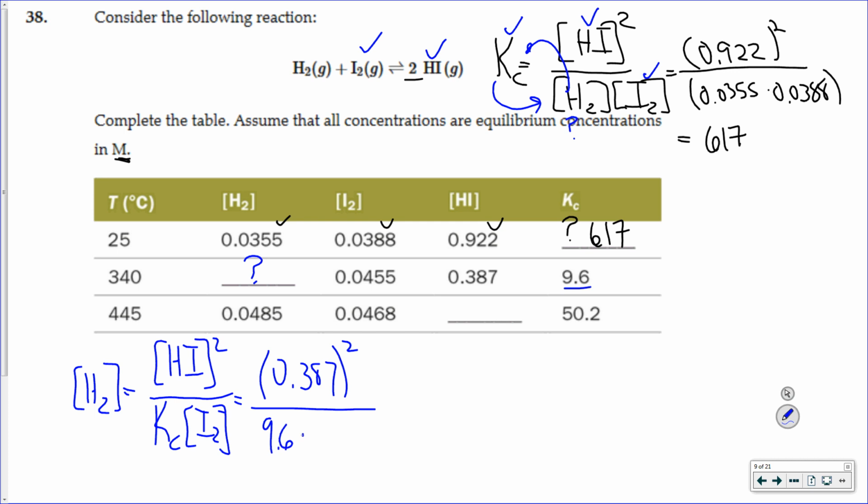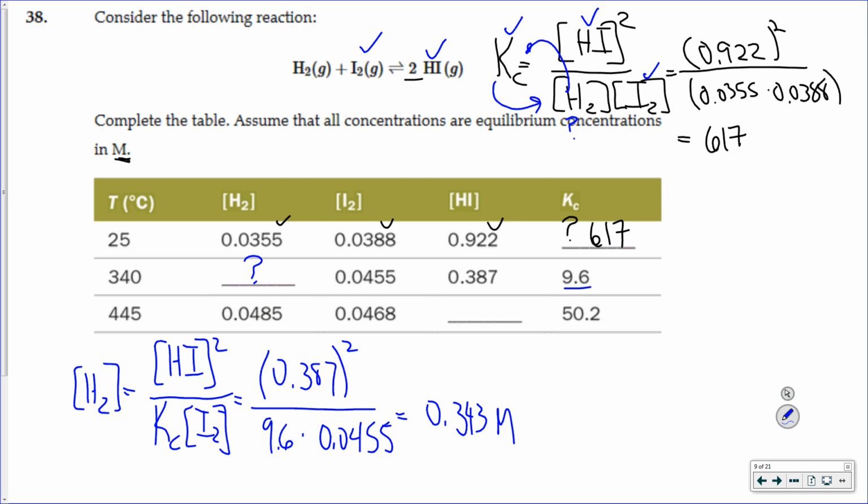The concentration of the I2 is 0.0455. I got 0.343 moles. Okay.